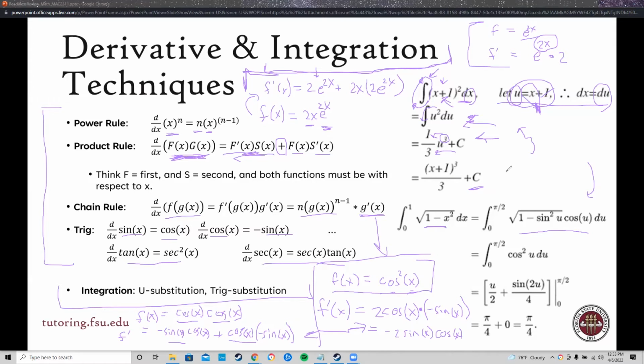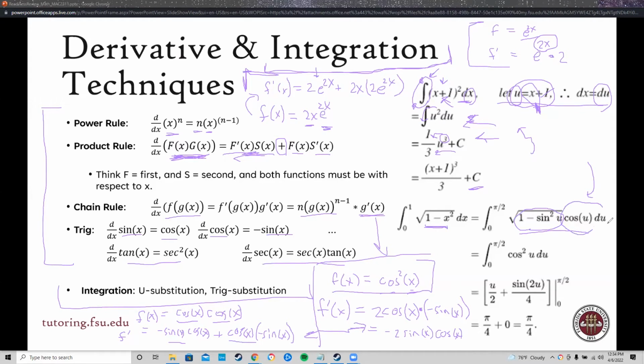Sine squared plus cosine squared is equal to 1. If I rearrange that, I can say that 1 minus cosine squared or 1 minus sine squared is equal to the other thing. So here I'll say let x equal sine, so I have 1 minus sine squared underneath the radical, and then I can replace this thing with cosine squared.